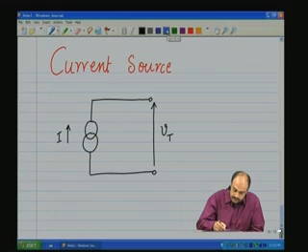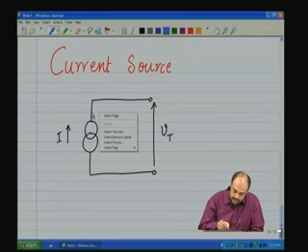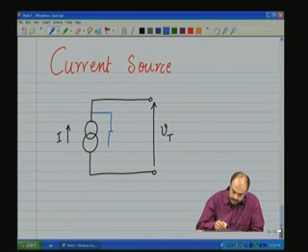And in the case of the practical current source, there is one more component that we are going to add across the source, and that is called the shunt resistor, or R shunt.